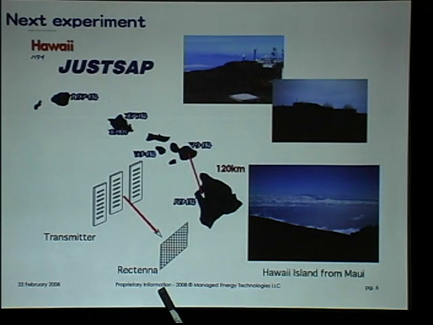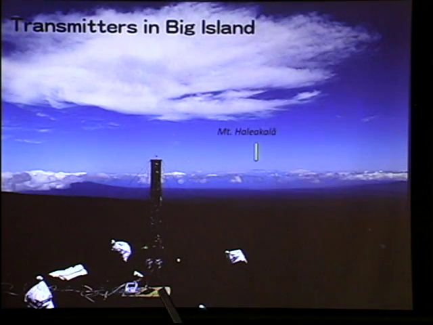This picture shows the top of Haleakala, and you can see Mauna Kea, which is very famous for its telescope. And this mountain is Mauna Loa. We tried to send microwaves from Mauna Loa to Haleakala. This is one panel, and you can see Mount Haleakala here.